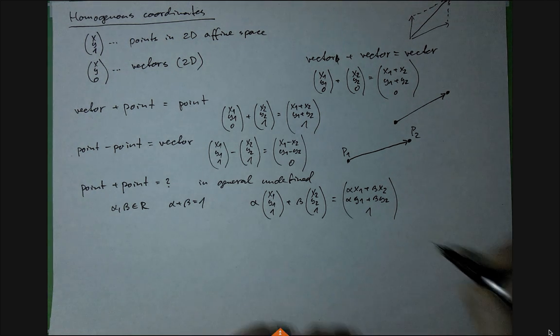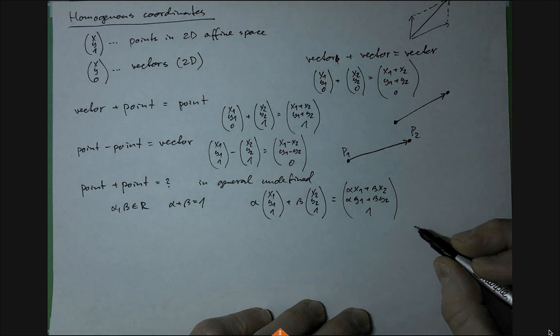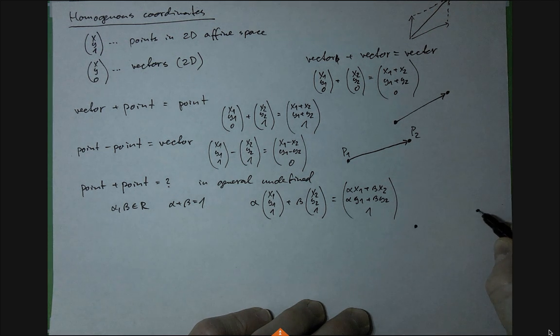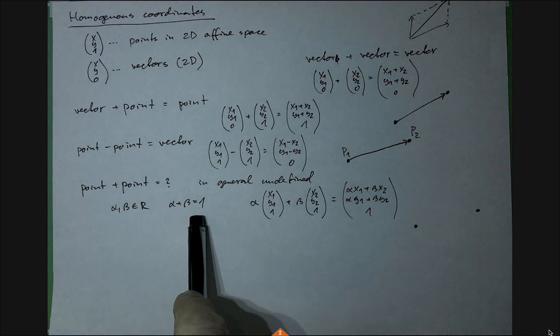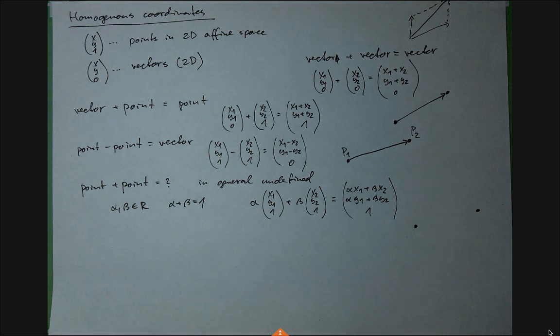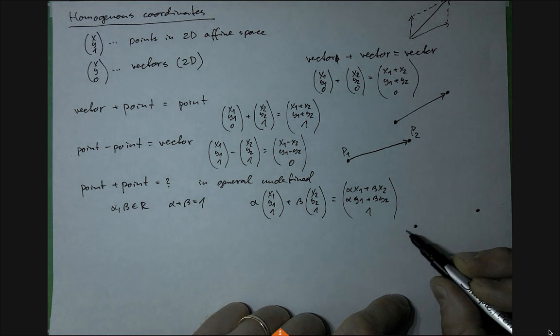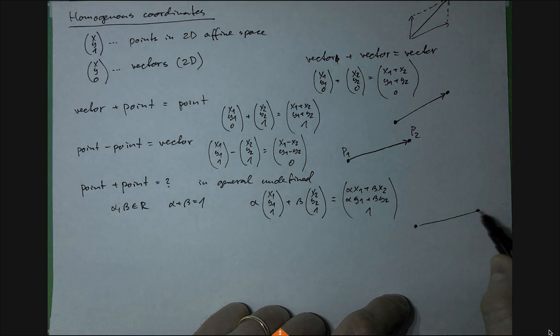If I have 2 points, as I usually do, for example, if alpha and beta are both 1/2, what is this geometrically? Yes, exactly, the midpoint, the point in the middle of the line segment joining. So if this was my P1, this was my P2, it would be my P blend, if you will.